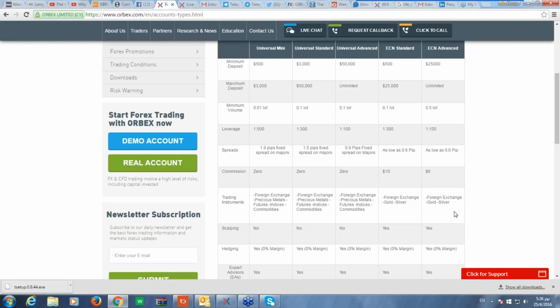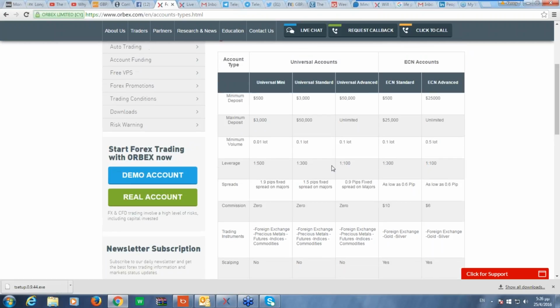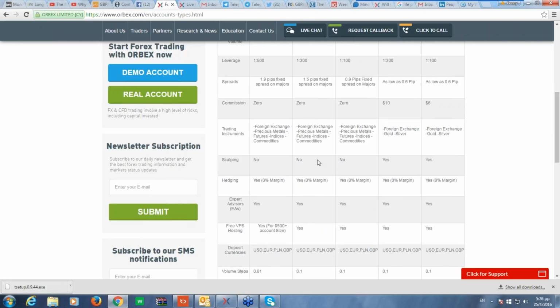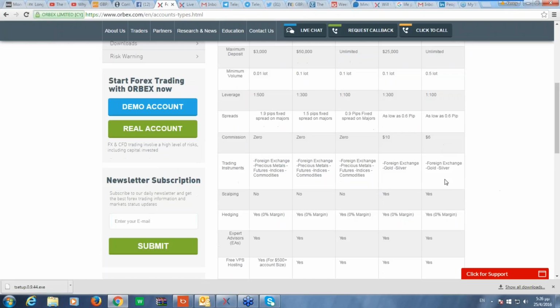If you are a trader who looks into more trading instruments, for example commodities, indices, futures and so on, then you want to look into the universal type accounts, because they cover more as opposed to ECN. ECN, as you can see, covers foreign exchange currencies as well as gold and silver; it's limited to that.